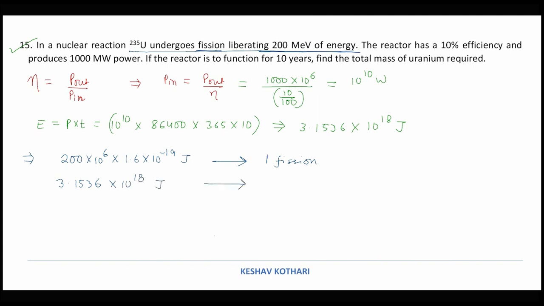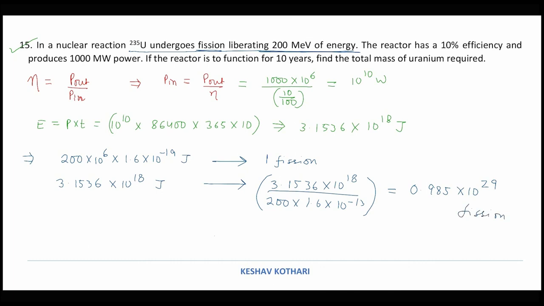So from here we can calculate the number of fission reactions that is required is 3.1536 into 10 to the power 18 divided by 200 into 1.6 into 10 to the power minus 13. So this is the amount of fission reaction that is required, and over here we end up getting a value of 0.985 into 10 to the power 29 fission reactions.